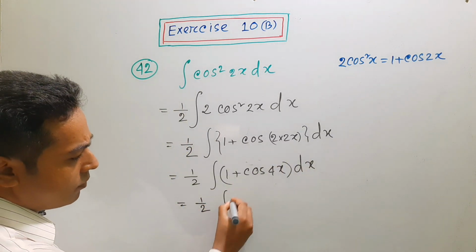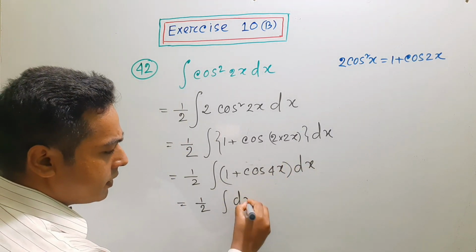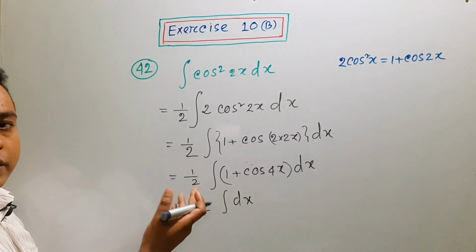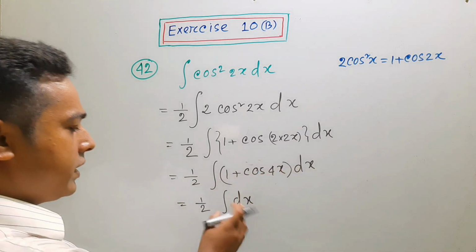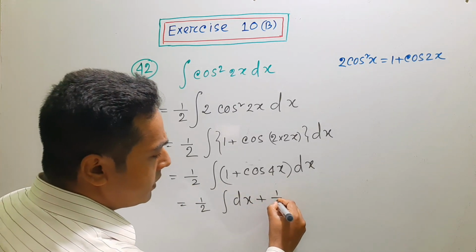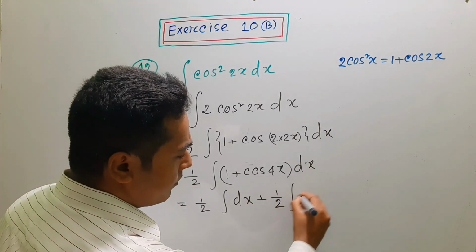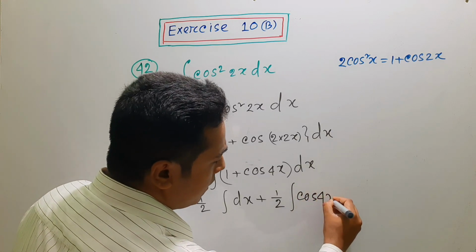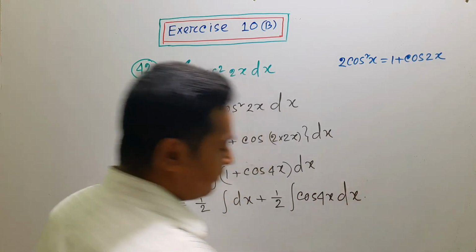Now half into integration of dx, 1 into dx, then it is dx, and then half into integration of cos 4x dx.